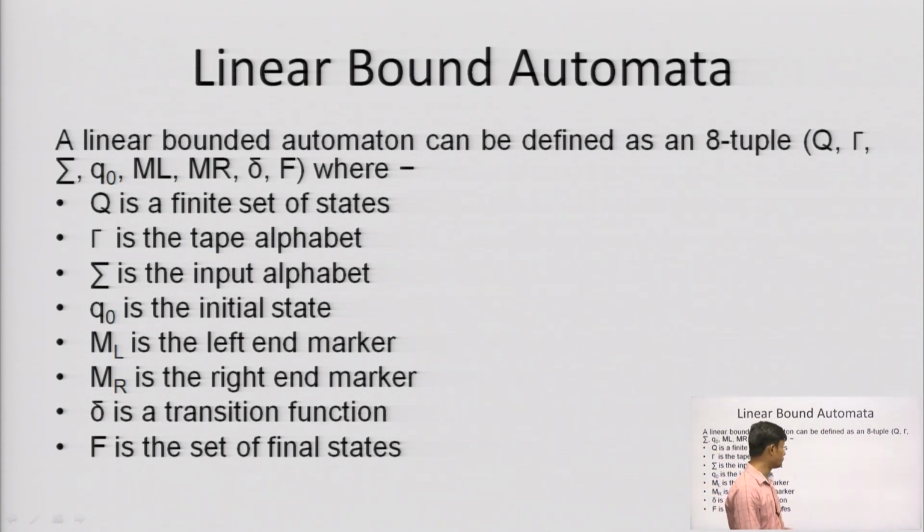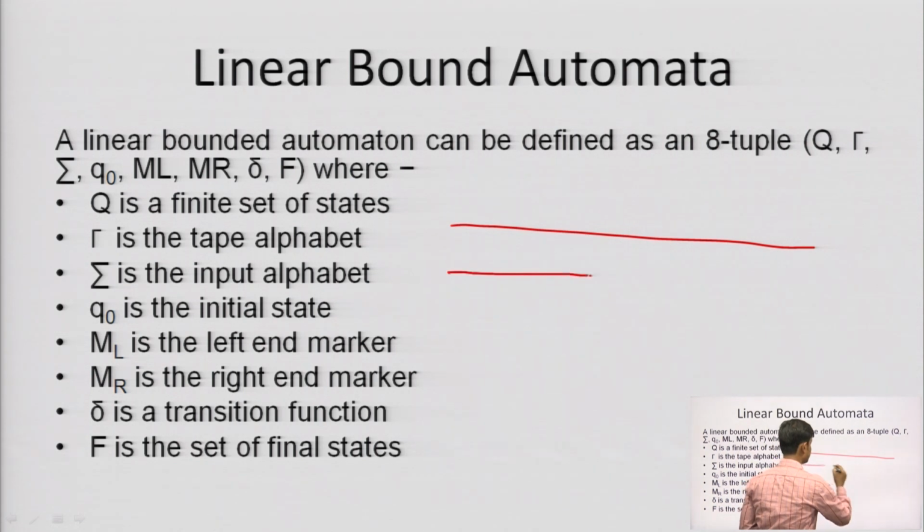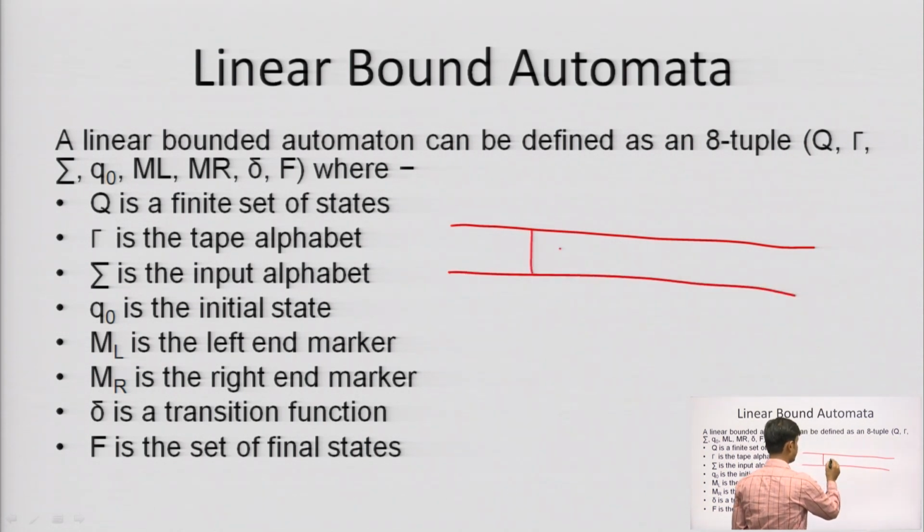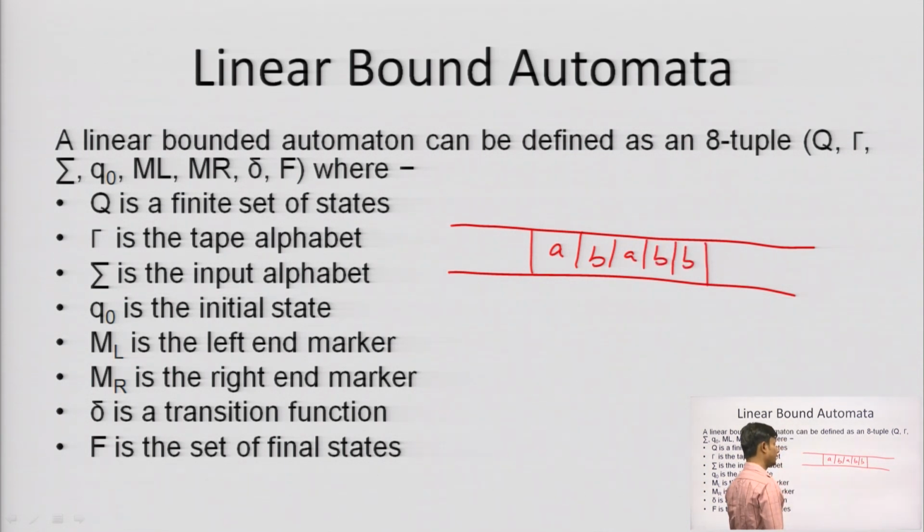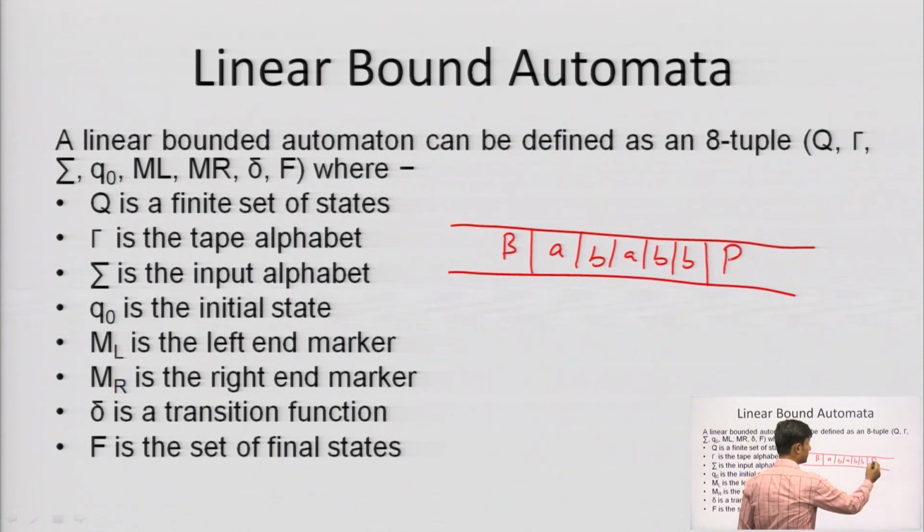So, it could not go to infinity. Suppose a string is given, like A B, and in the normal standard Turing machine both sides are blank.